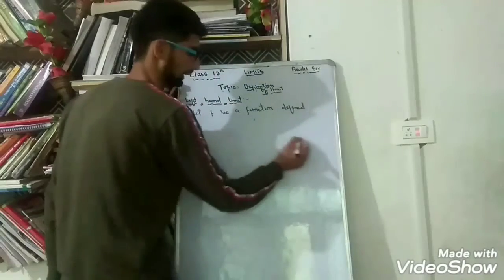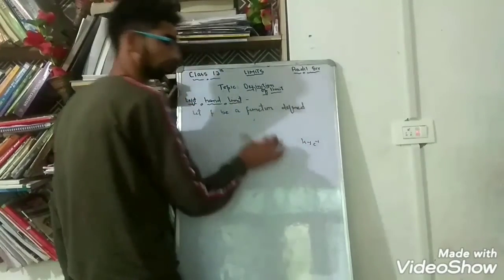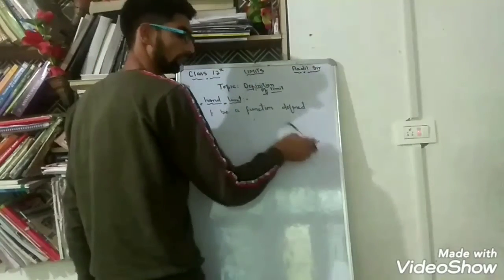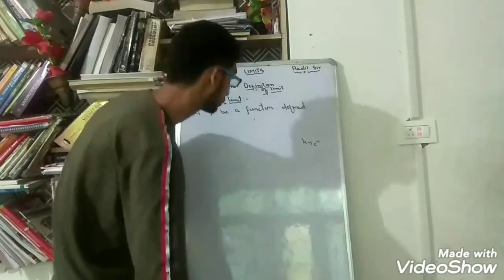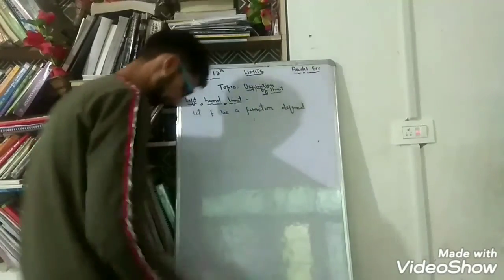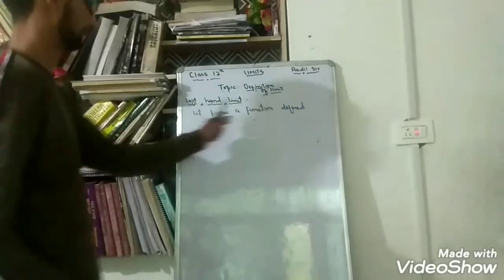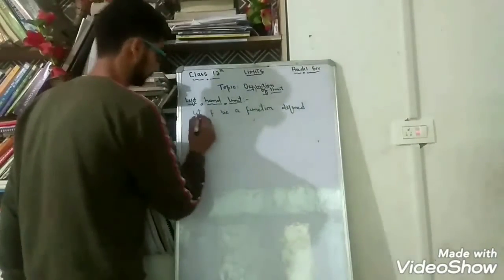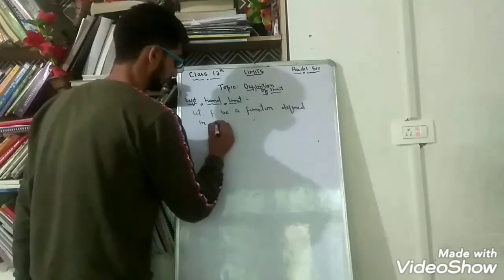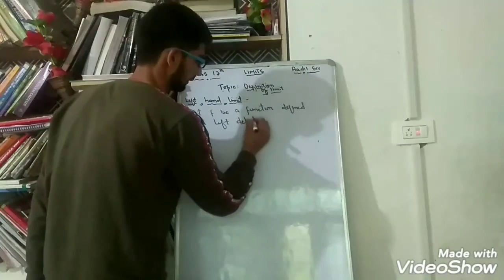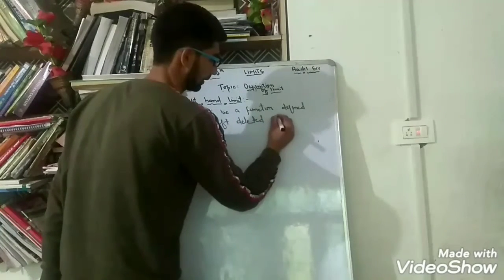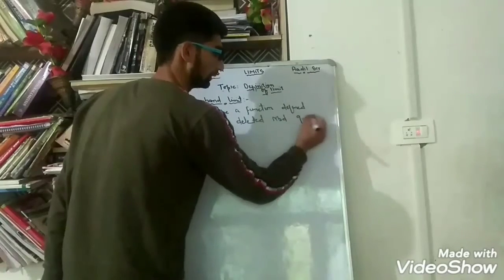We know that x tends to c negative means x belongs to the left deleted neighborhood of c. So I will take it here. Let f be a function defined in the left deleted neighborhood of c.